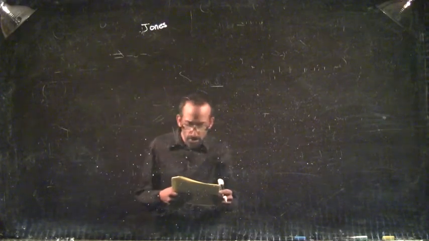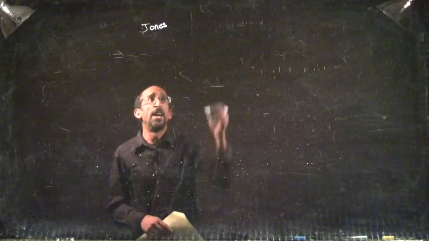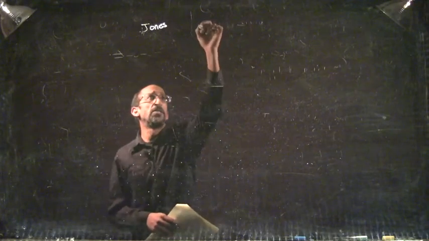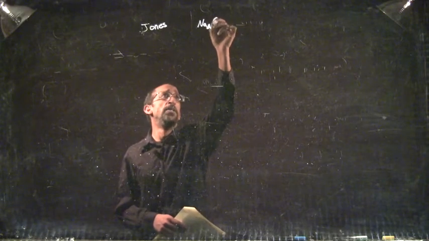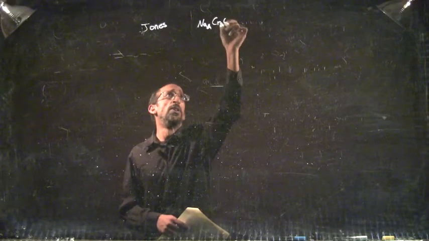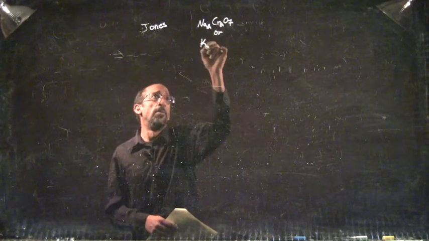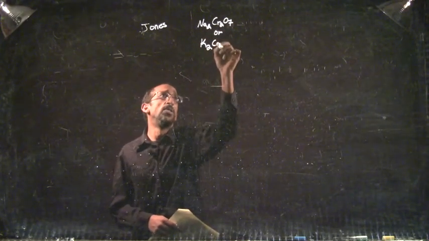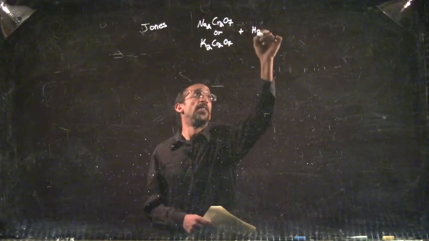And the Jones reagent is a combination of one of 2 chromate salts, so either sodium dichromate, Na2Cr2O7, or potassium dichromate, K2Cr2O7, with sulfuric acid.